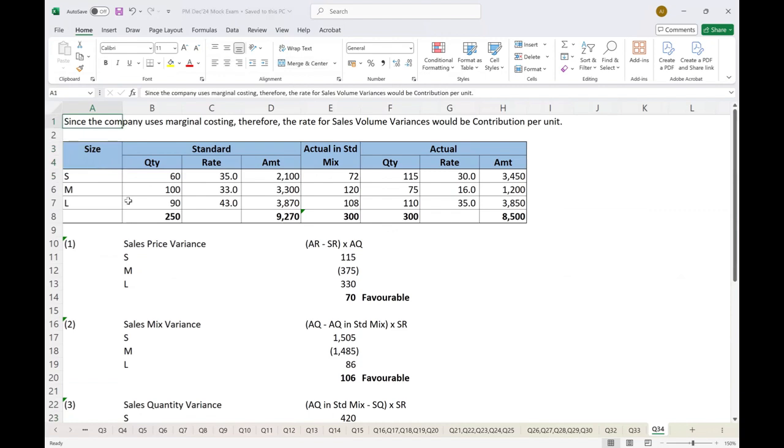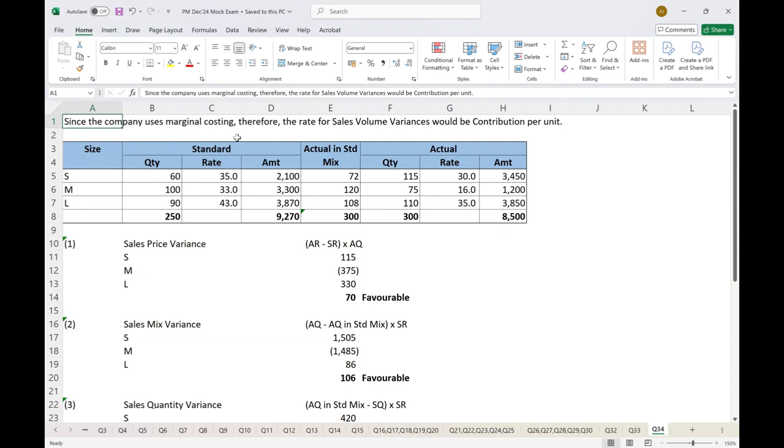Since the company is using marginal costing, it was given in the last line and I highlighted it also while reading the question with you. Since the company uses marginal costing, therefore, the rate for sales volume variances would be contribution per unit.